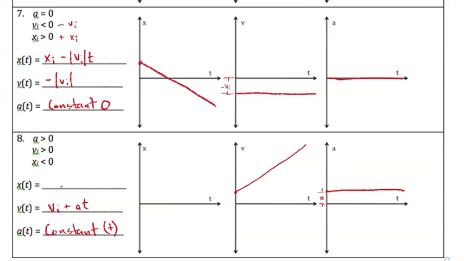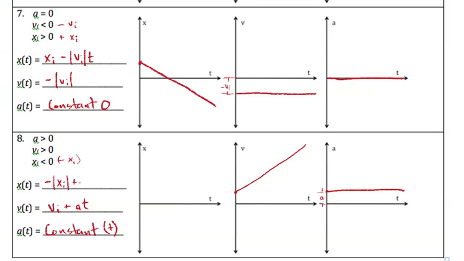And our displacement versus time. Well, we have a negative xi, right? That's what that means. It's less than 0. So I'm going to put in that it's a negative absolute value of xi. Those are absolute value bars, they're not parentheses.